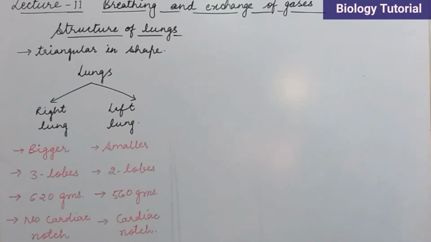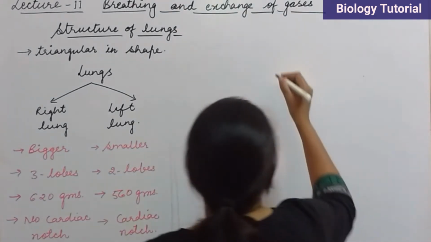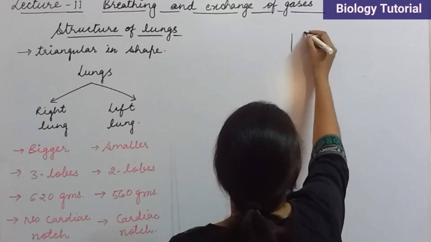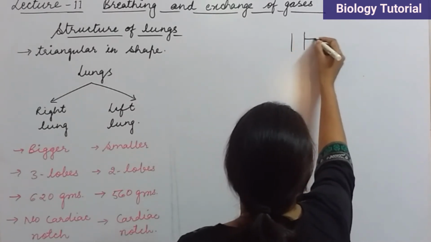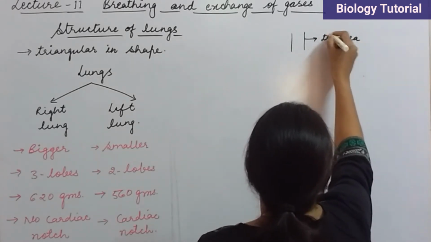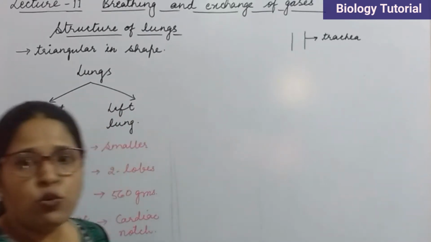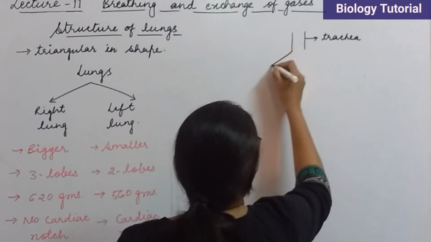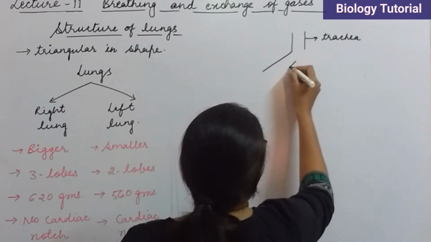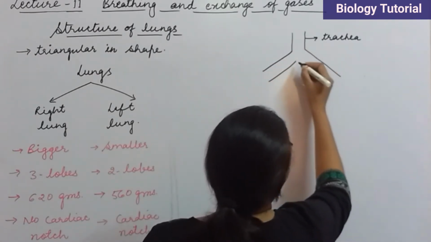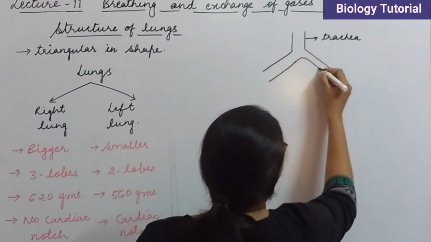Now the diagrammatic representation of the lungs. This is the trachea. Trachea is divided into 2 branches, and of these branches the right one is wider and shorter than the left one.